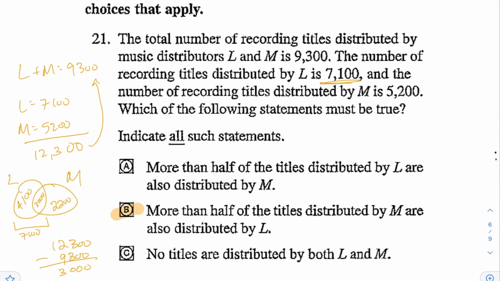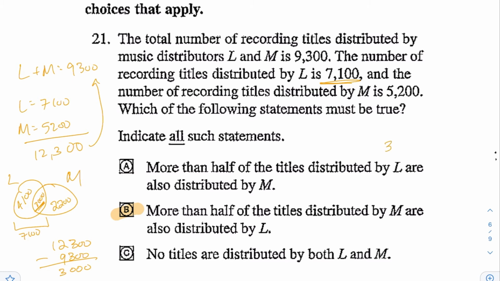So for choice A, it says more than half of the titles distributed by L are also distributed by M. So the L is 7,100. And the ones that are distributed by M is 5,200. So 7,100 isn't more than half of M. If you actually compare the titles that are distributed by both, it is at 3,000 here.